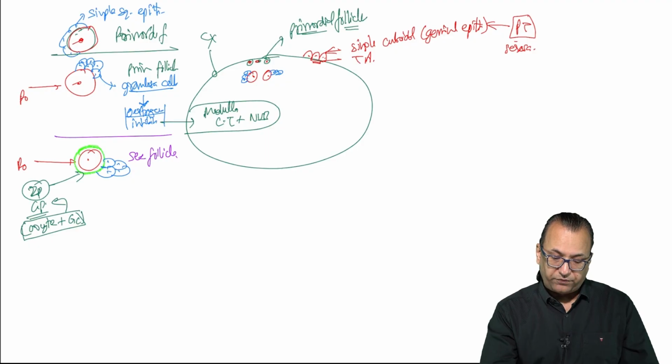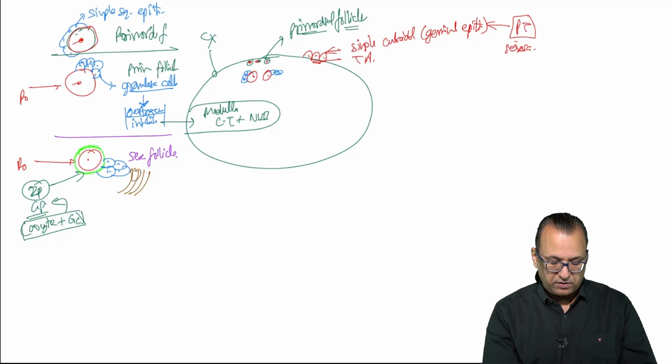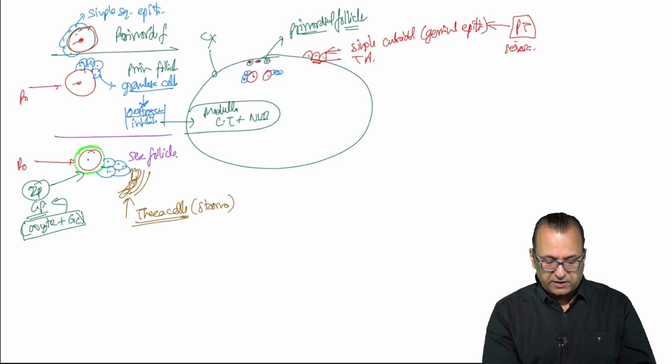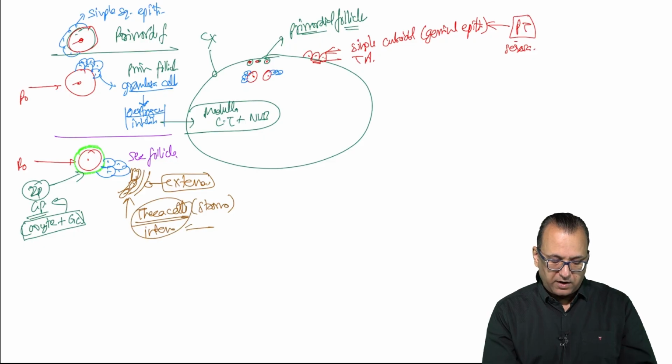But outside that you will find we have some stromal cells which have accumulated here, and they are called the theca cells. So theca cells come from the peripheral stroma, and they form theca interna and theca externa. Externa will be actually fibrous, but theca cells in the interna will be under LH hormone, and under the LH hormone they will give us the androgens like testosterone.